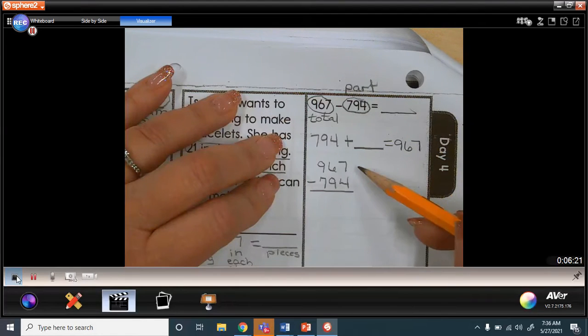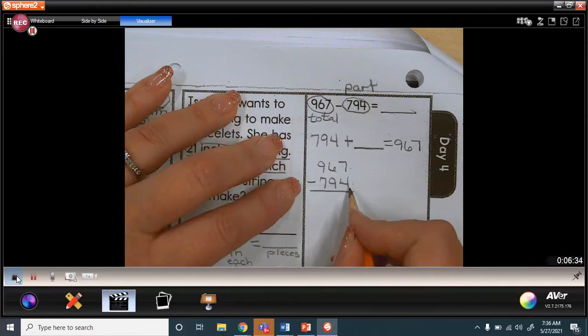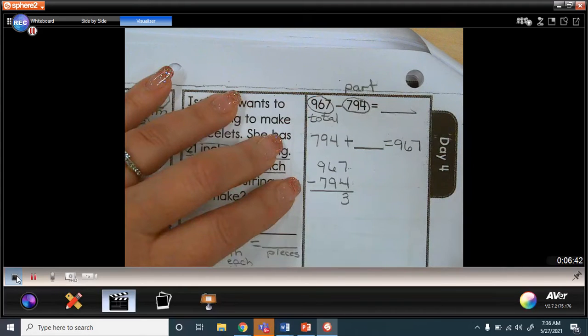So in our ones place, I have 7 minus 4, and I know that I can subtract this 4 from the 7 because that is enough to subtract 4 from the 7. So remember, you can always use addition to help you find what could you add to 4 to make 7. So if you said 3, that would be correct. So we didn't have to borrow because there wasn't a reason to.